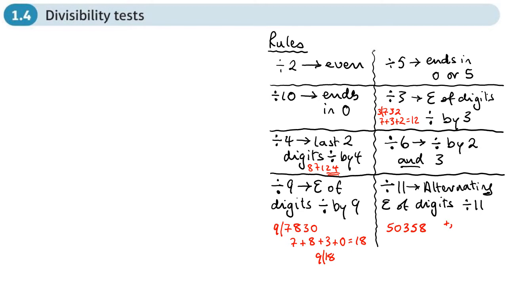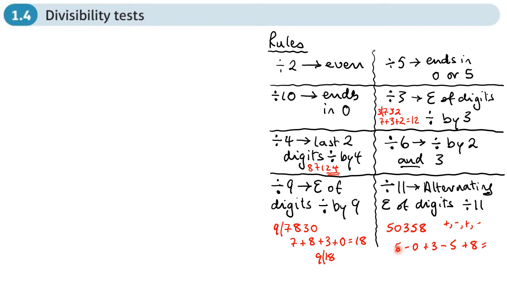Alternating means plus, minus, like this. So we do 5 minus 0 plus 3 minus 5 plus 8. So we do plus, minus, and so on. So we see what that sum is.